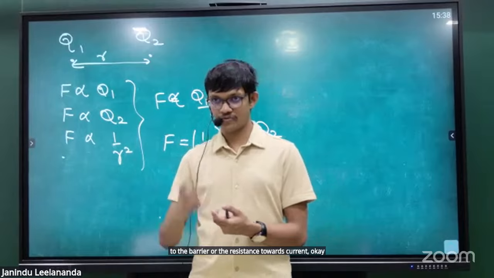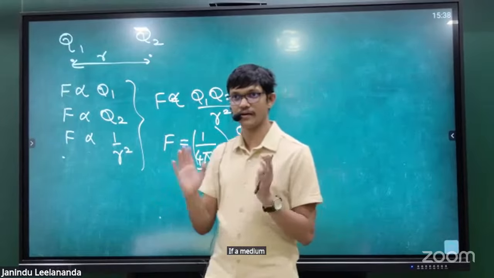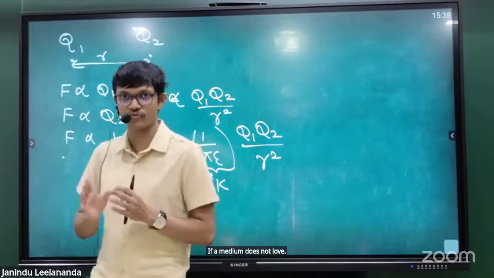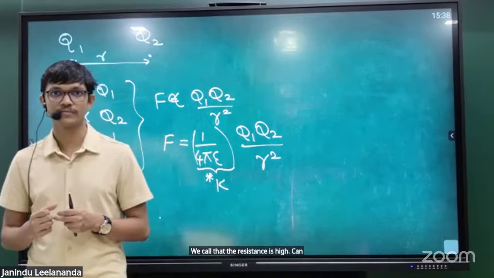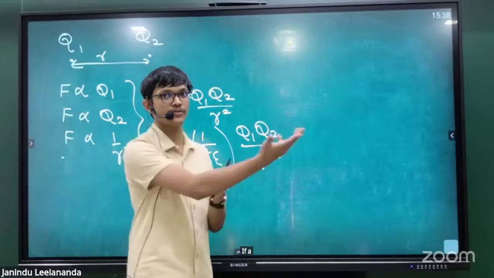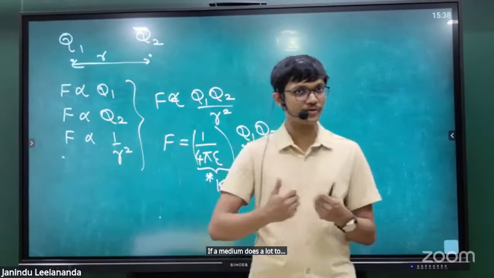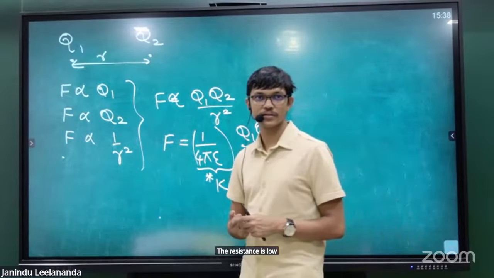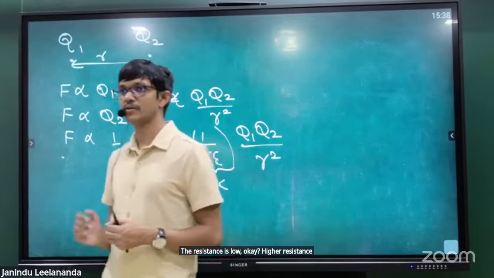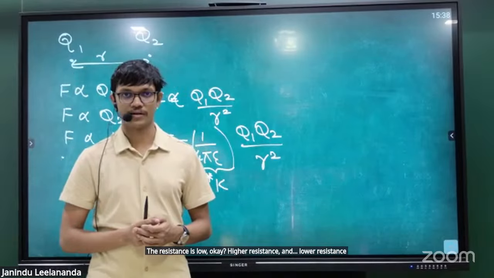If a medium does not allow a current to flow, we call that the resistance is high. If a medium allows current to flow easily, the resistance is low. Clear? Higher resistance and lower resistance.